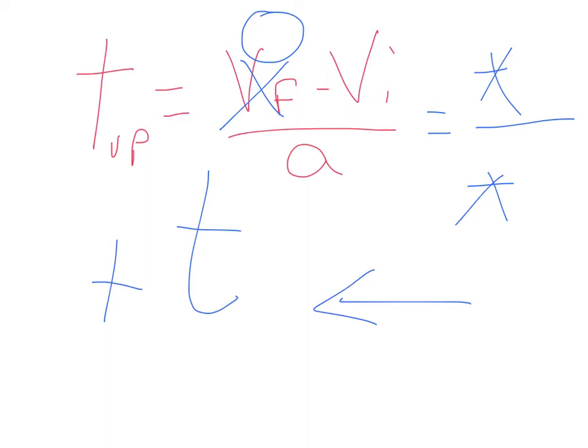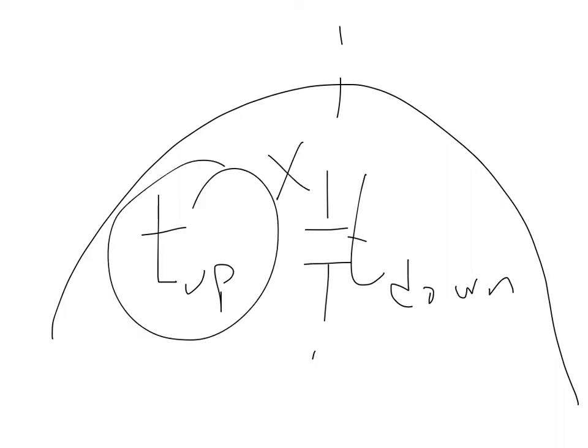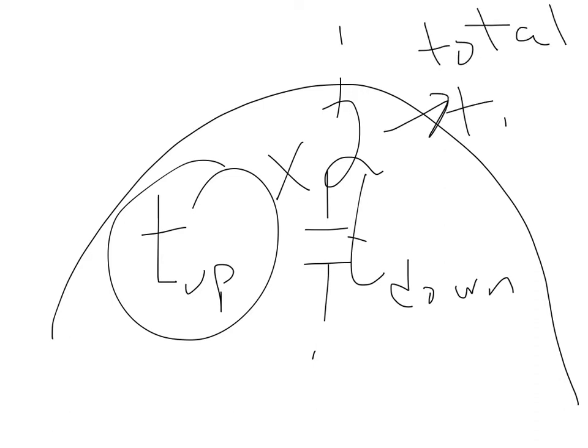So then, if we know that our top and our down are equal, and we know what this is, we can simply multiply it by 2 to give you the total time.